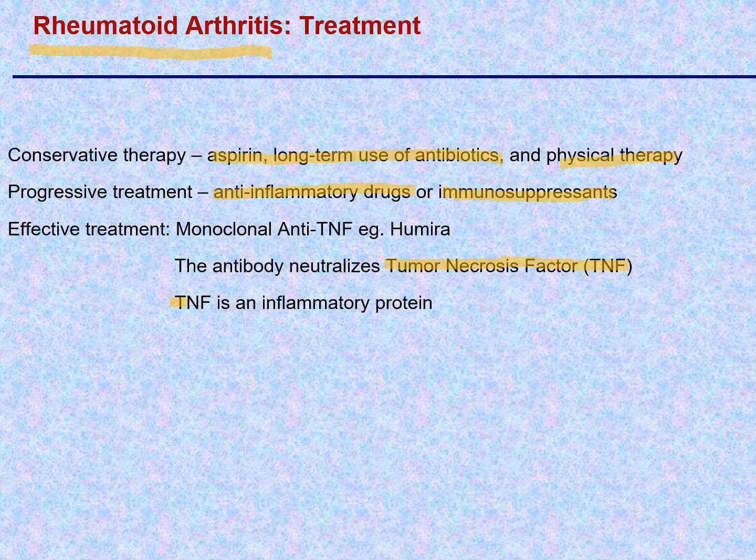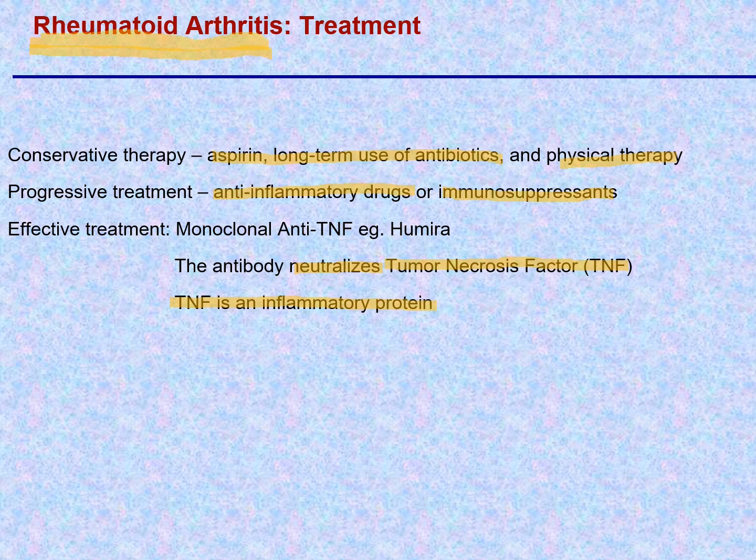This is a normal inflammatory molecule that inflammatory cells use to kill invading microorganisms, bacteria, for example. But this antibody will neutralize it, and unfortunately it is produced during rheumatoid arthritis.